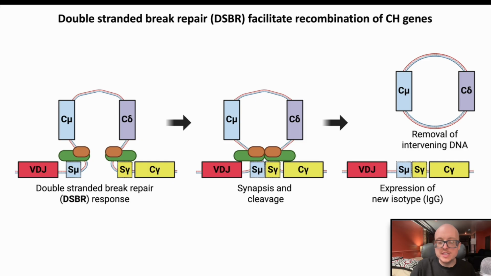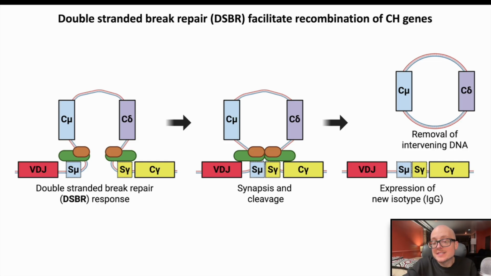But suffice it to say that those double-stranded breaks in both of these switch regions, which I've now tried to indicate with these dotted lines around the squares around the switch regions, the cell wants to repair those double-stranded breaks, and the way that it will do so is to bring the regions that have been broken close together and synapse them, as we've seen previously in other types of recombination. Actually bring those two pieces of DNA together.